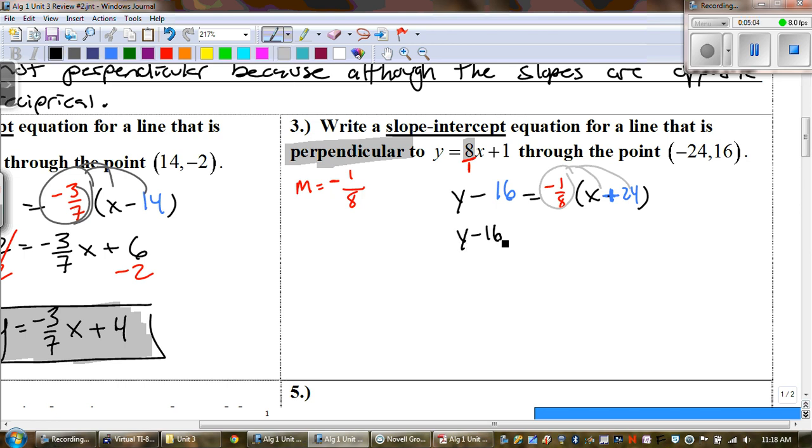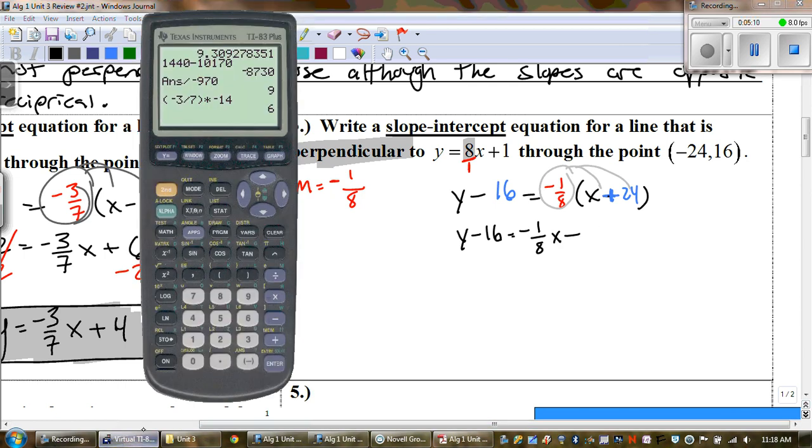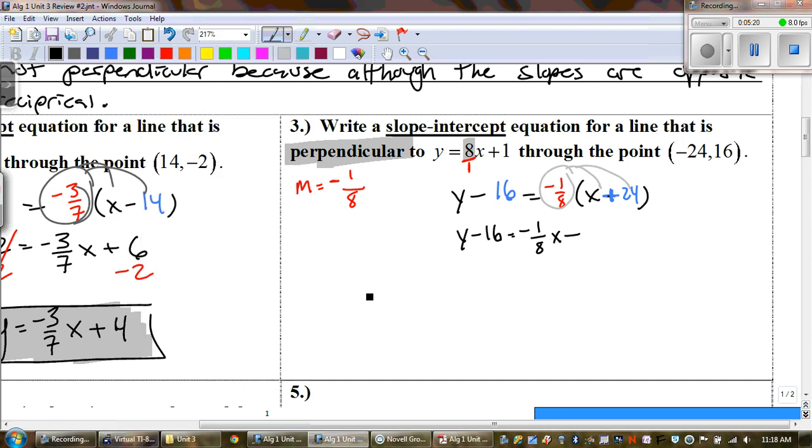We get y minus 16 equals negative 1/8 x minus, and then we got to do negative, same thing as we did in the last one, negative 1/8 times 24. And we get negative 3. To get the y all by itself, we have to add 16 to both sides.